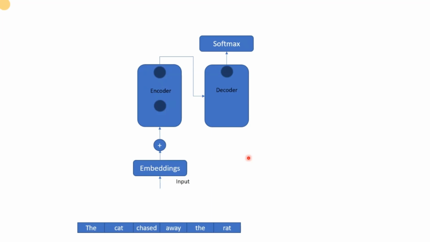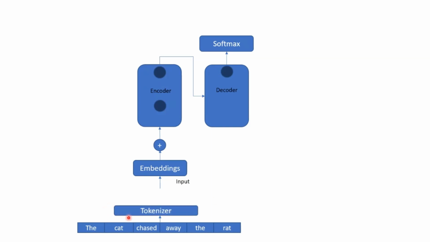First we need to train the transformer with a corpus of text. So let's take a look at a simple text. Say we pass this text to the transformer: The cat chased away the rat. So what exactly happens? First we need to break down the words in the sentence and tokenize them. So what is the meaning of tokenize?